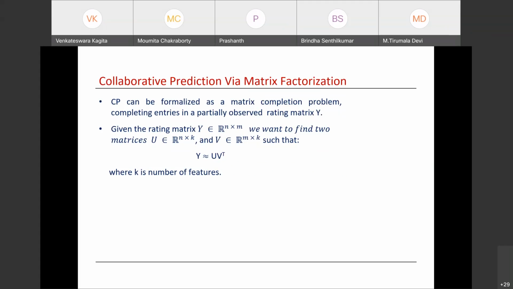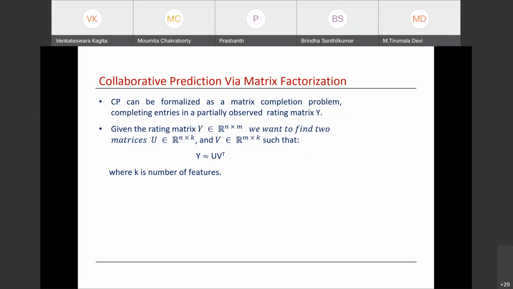So collaborative filtering using matrix factorization learns two latent factor matrices, the user latent factor matrix and the item latent factor matrix. It learns two matrices U and V such that when you multiply them, the result is closely equivalent to Y for all the observed entries.